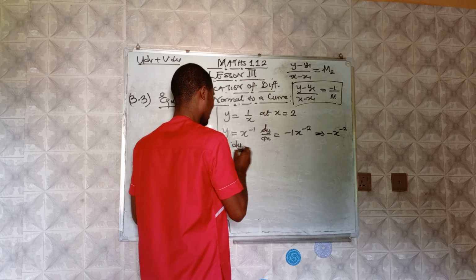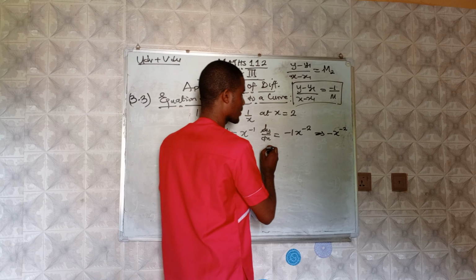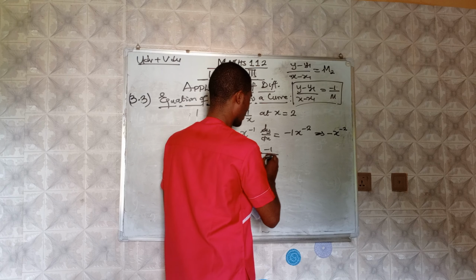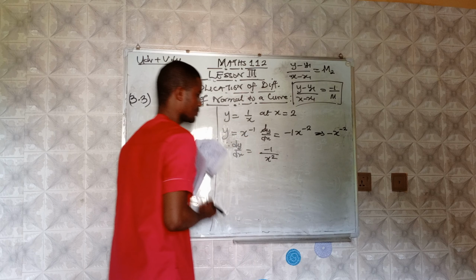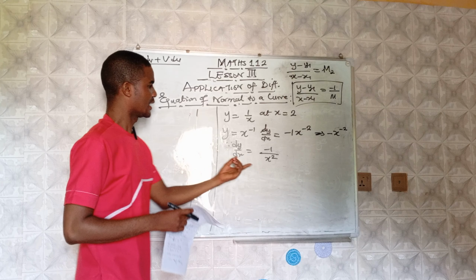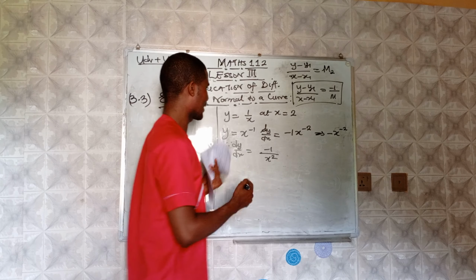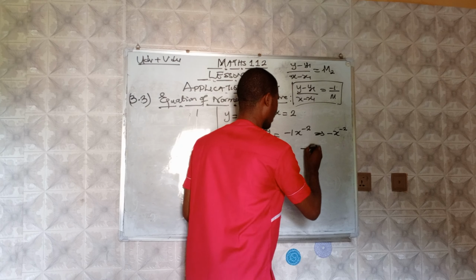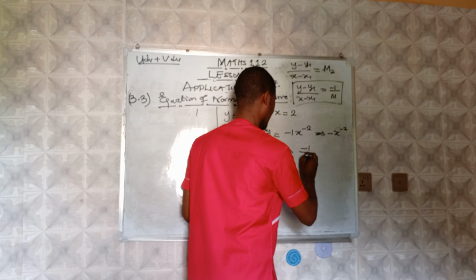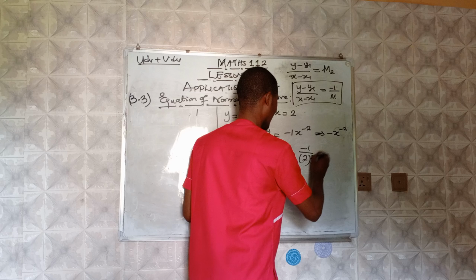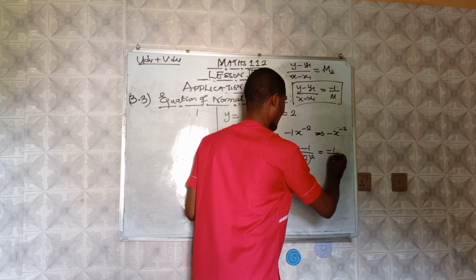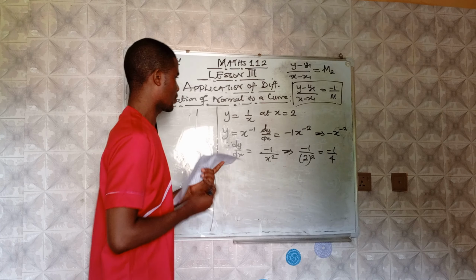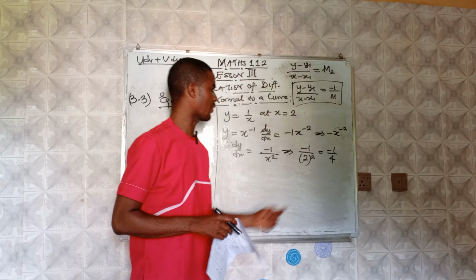Therefore, dy over dx becomes -1 over x squared. Then at x equals 2, I have -1 over 2 all squared, which is -1 over 4. So my slope is -1 over 4.